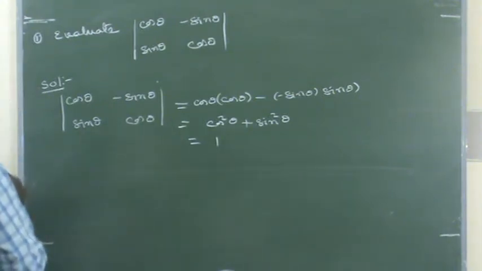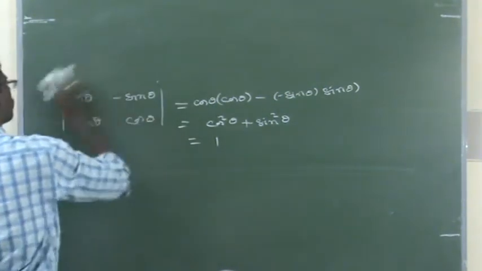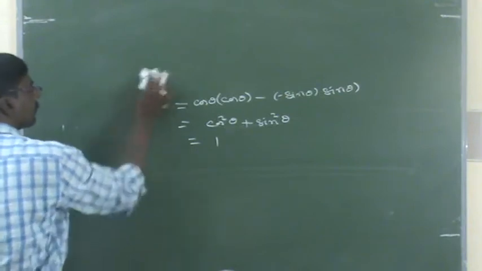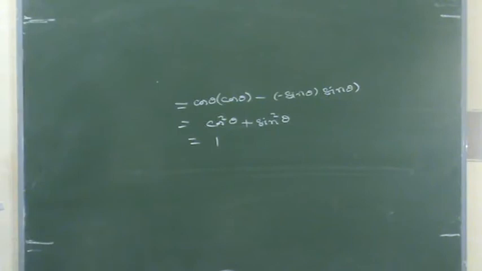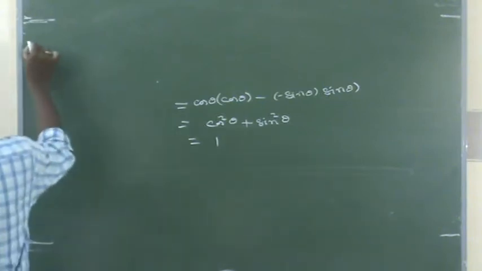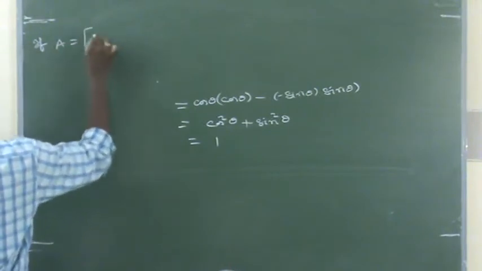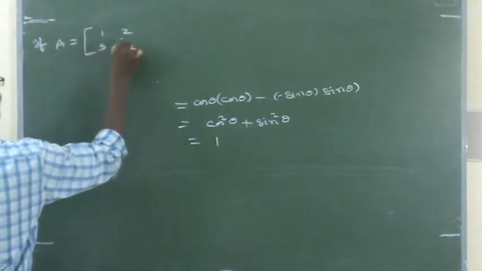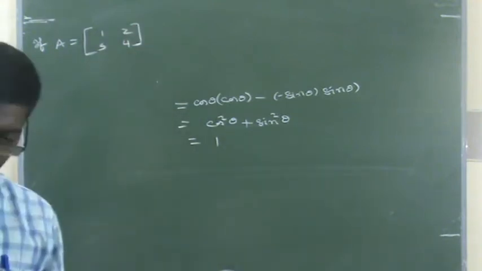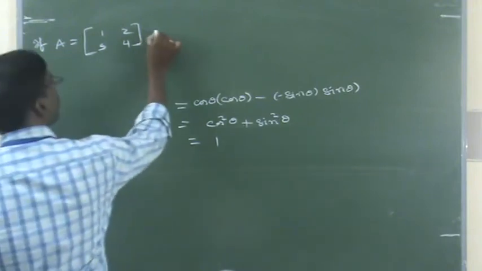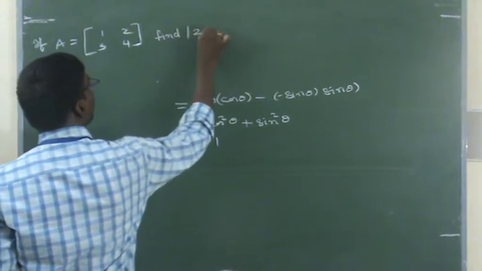Next problem. If matrix A is equal to 1, 2, 3, 4, find determinant of 2A.